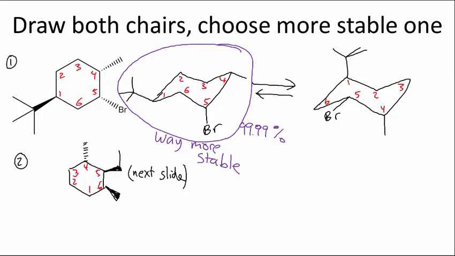Well, stability of conformations, it turns out for certain reactions, the molecule has to be in a certain conformation for the reaction to occur. And so this particular molecule, there's certain reactions that it could undergo because the bromine is in the axial position, but the bromine is almost never in the equatorial position. So any reaction where you wanted bromine in the equatorial position wouldn't be able to happen.